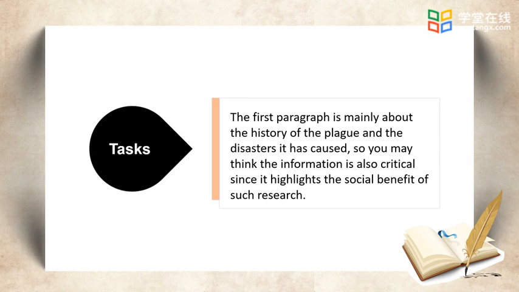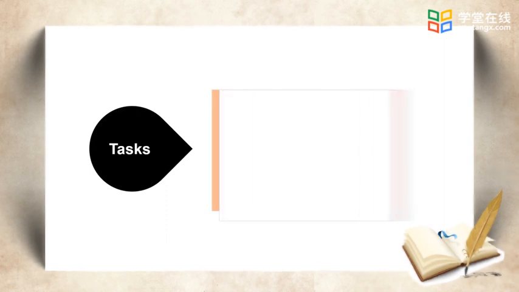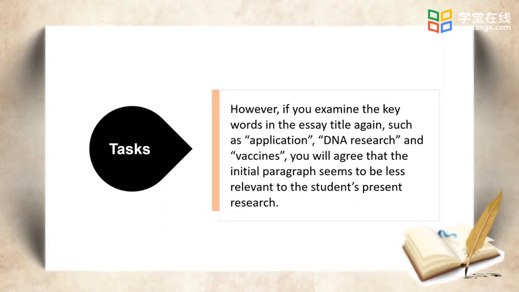So, you may think the information is also critical since it highlights the social benefits of such research. However, if you examine the keywords in the essay title again, such as application, DNA research, and vaccines, you will agree that the initial paragraph seems to be less relevant to the student's present research.